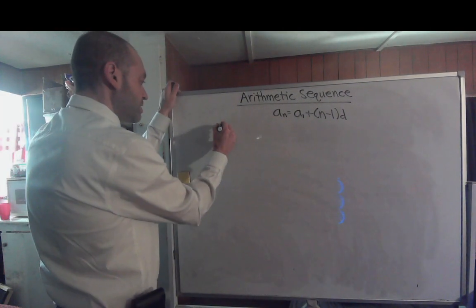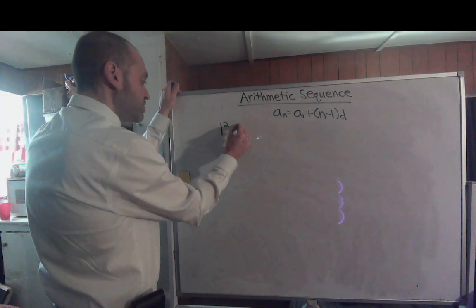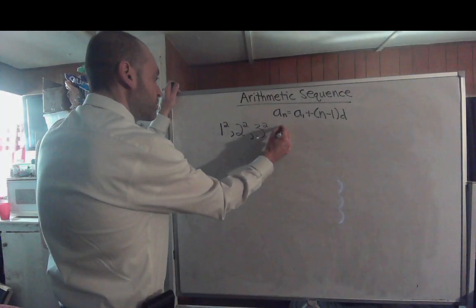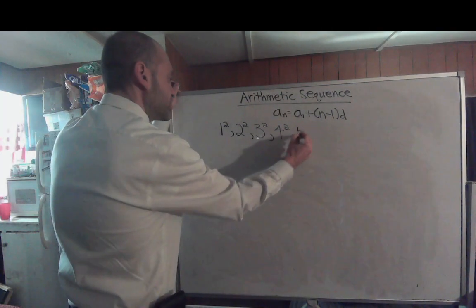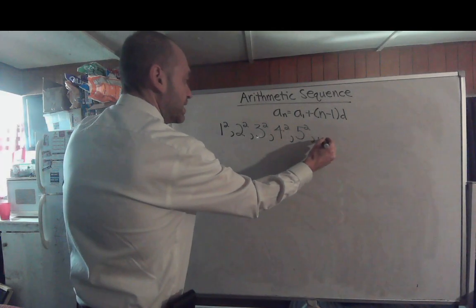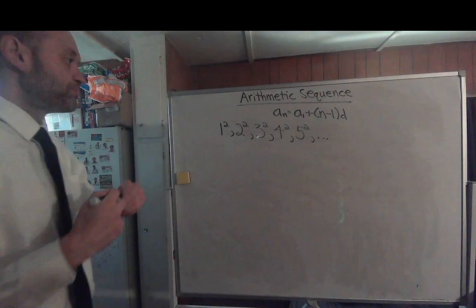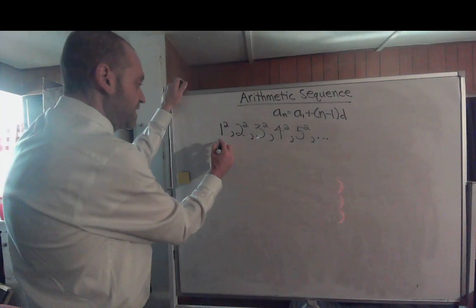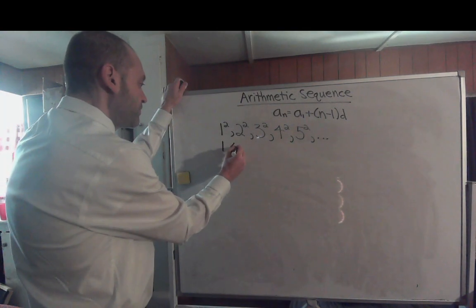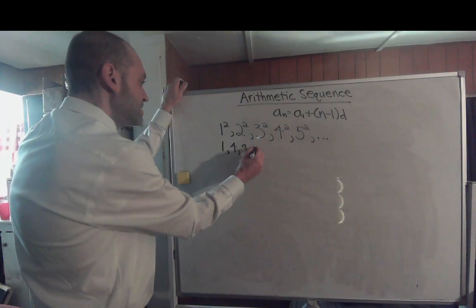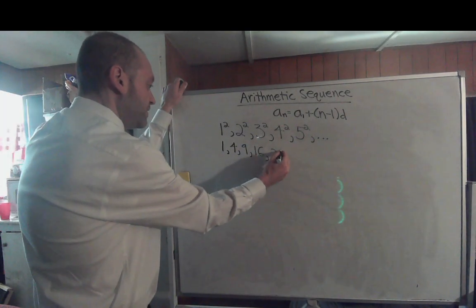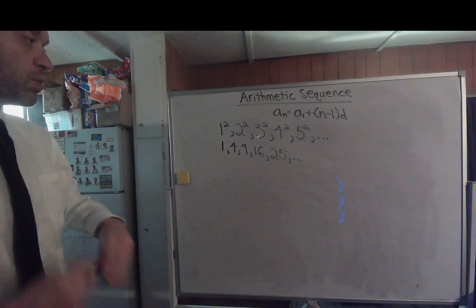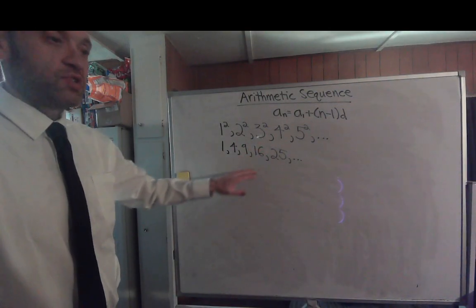How about this one? We got 1 squared, 2 squared, 3 squared, 4 squared, 5 squared, and it just keeps on going and going and going. If it helps you simplify this, you'll end up getting 1, 4, 9, 16, 25, and it'll just keep on going. Well, there is no common difference, right?